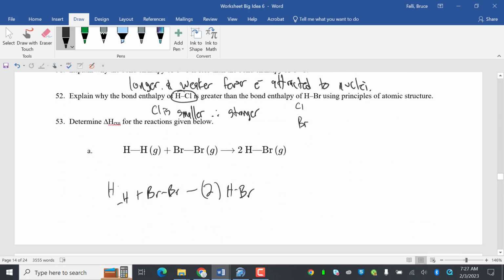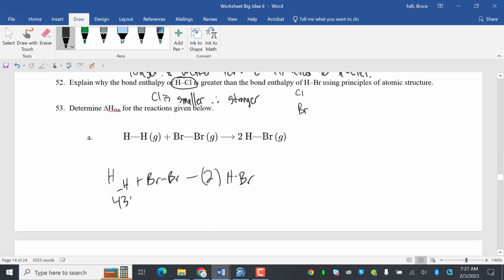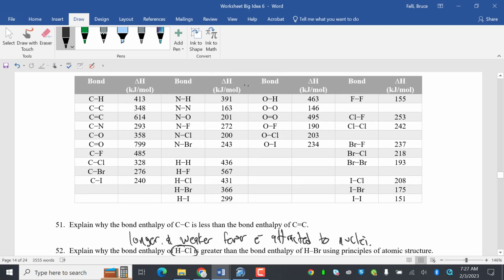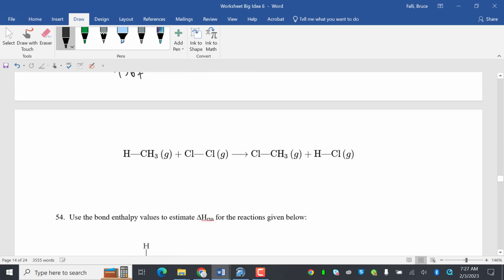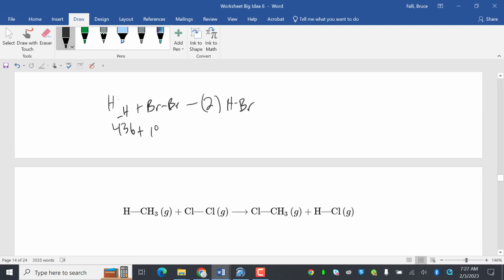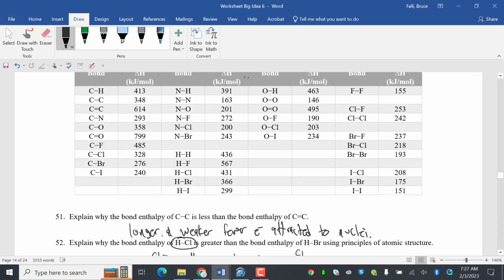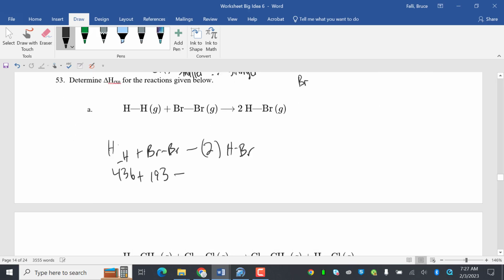is 436, plus Br to Br, 193, minus, because these are subtracted since they're forming, 2 times H to Br, 366.